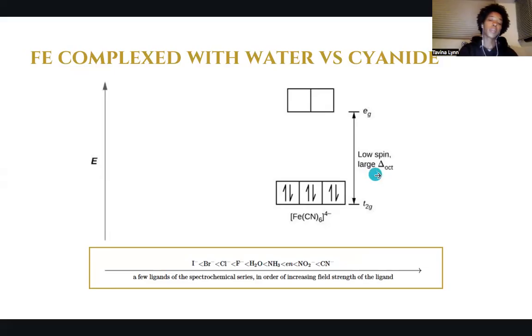So when we think about how these electrons fill in these orbitals, because the crystal field splitting is so large, they're going to fill in one by one according to Hund's rule, and then they're going to pair because the pairing energy is much less than the crystal field splitting energy. So it'll take less energy to just pair up with these versus putting one in each orbital and then having to overcome this, like make this huge energetic jump.